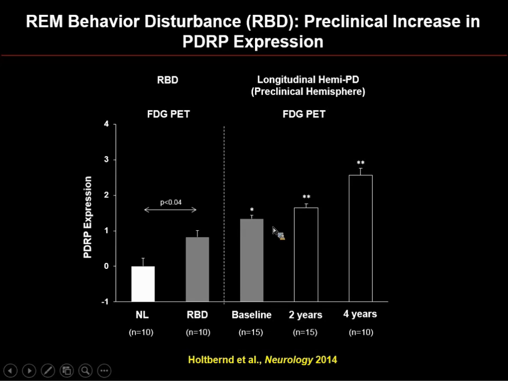So it's a neurodegenerative process. There are other features, like dopamine loss below a certain threshold, that are going to promote symptoms. But PDRP is not a proxy for symptoms or for levodopa exposure, mind you. It's a proxy for disease process. So here you look at the ipsilateral hemisphere, and this shading means preclinical.